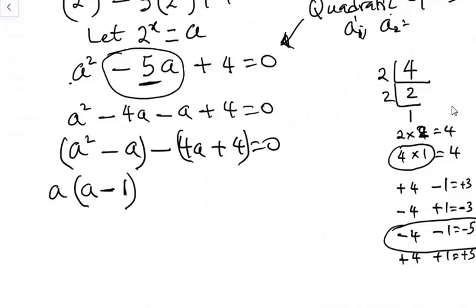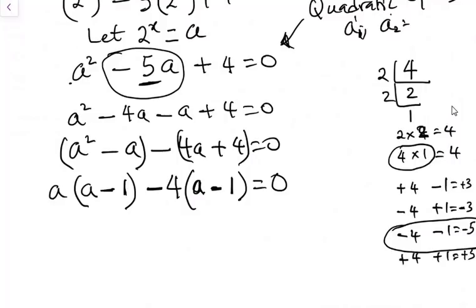Now we come here next and look at what is common. We have minus 4. So what do we multiply with minus 4 to give us minus 4a? That would definitely be a. And what do we multiply with minus 4 to give us plus 4? That would be minus 1, because minus times minus will give us plus. So we have a minus 1.